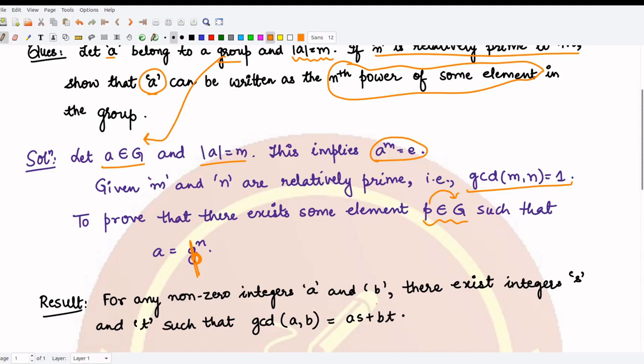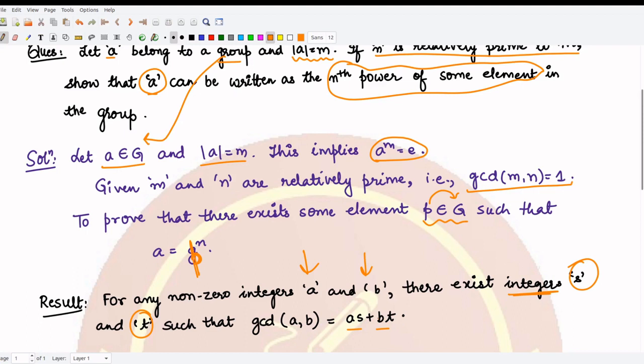Here we shall be making use of this result which states that the GCD of two numbers A and B could be written as AS plus BT, where S and T are any two integers. So for every two non-zero integers, we have two integers S and T such that you can write the GCD of A and B as AS plus BT.